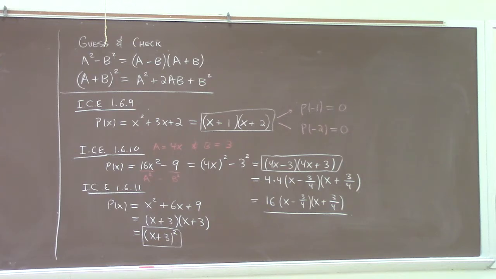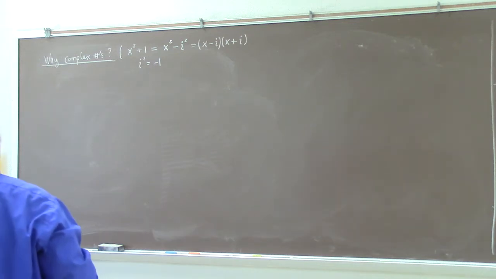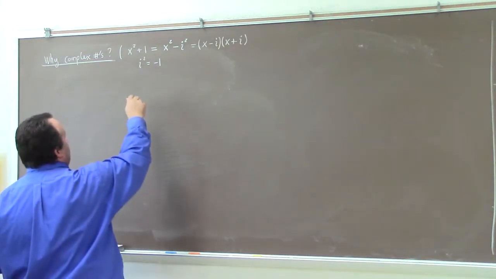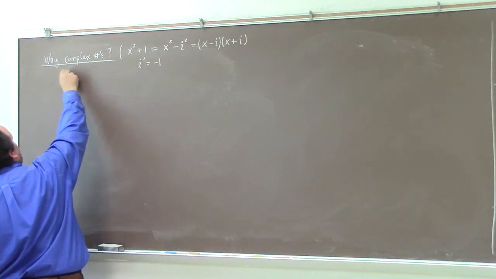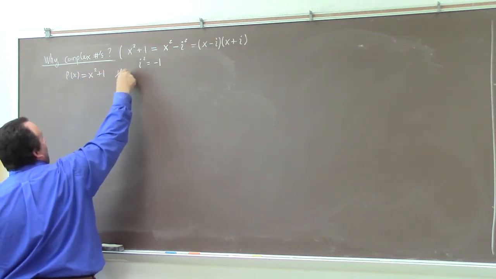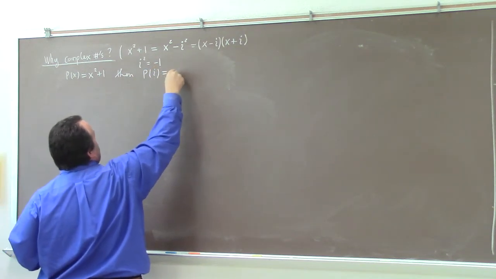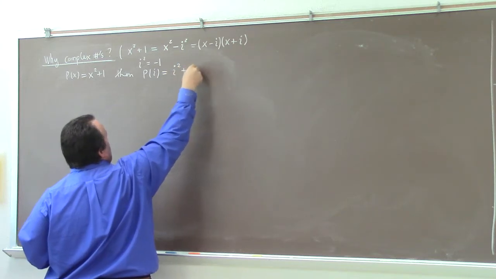I shouldn't have erased that factor theorem. I should have left it, and I should have told you, guess what? The factor theorem is still true if we think about complex polynomials. It's just we have to allow for complex inputs. So if I have p of x equal to x squared plus 1, then notice that p of i is equal to i squared plus 1, which is 0.